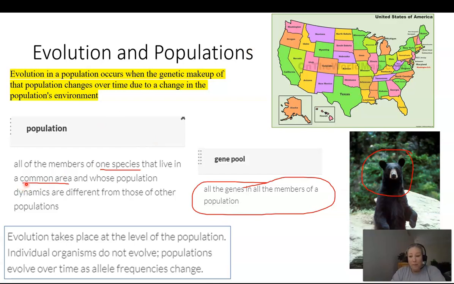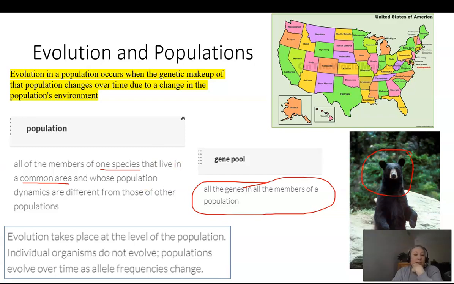They can be separated by mountain ranges, rivers, other species, water, or islands. So if you're talking about the same species that just happen to live in a different area geographically, then they are different populations of the same species, okay?